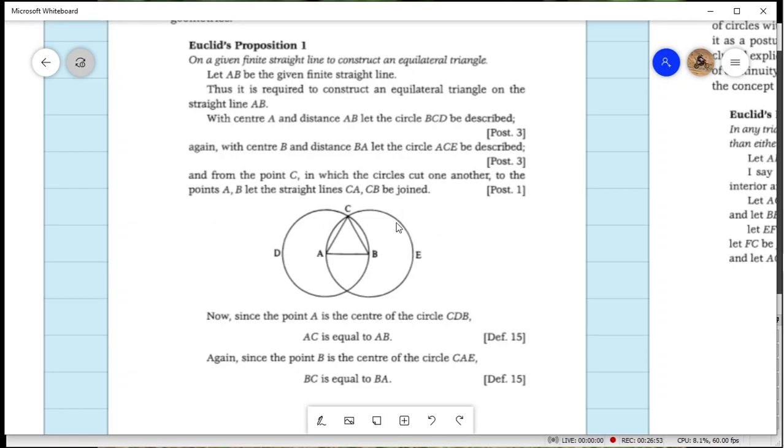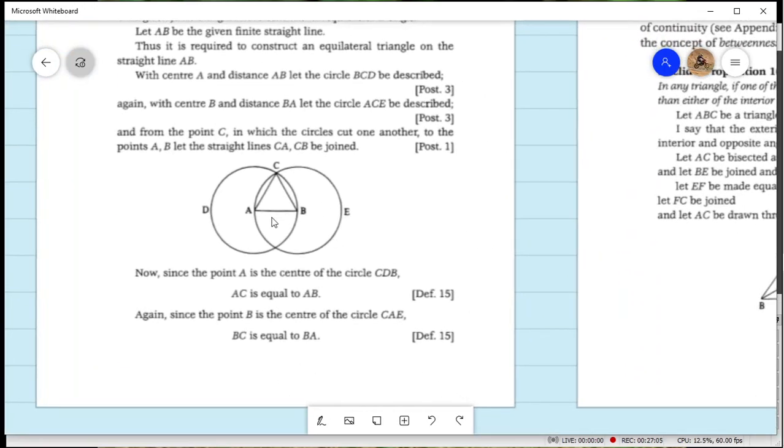Note that circles BCD and ACE would intersect at a point C. One of the points of intersection would be C. Consider one of those intersections. There are actually two, based on this illustration. And consider that as the third vertex of your triangle.